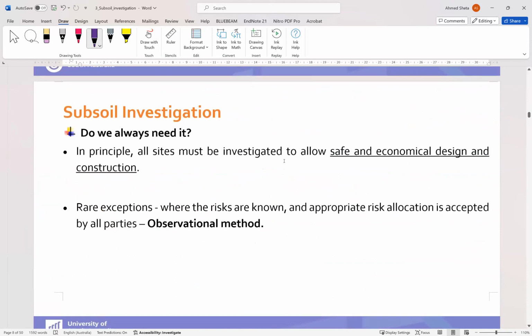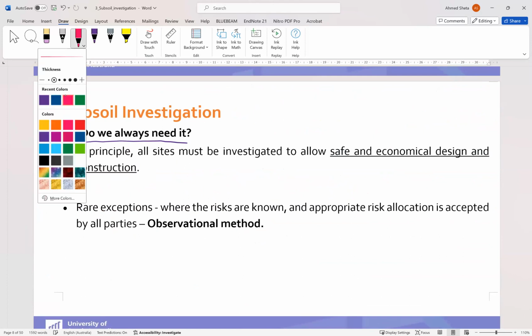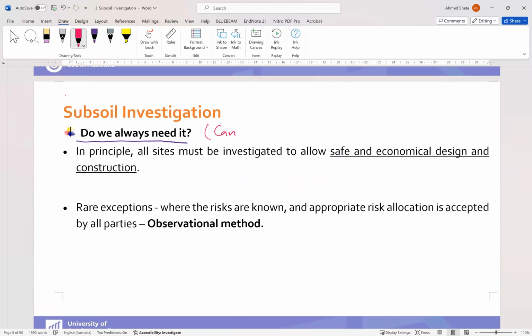And the next question is, do we always need the subsoil investigation, or can we neglect or ignore it? Can we omit the subsoil investigation?